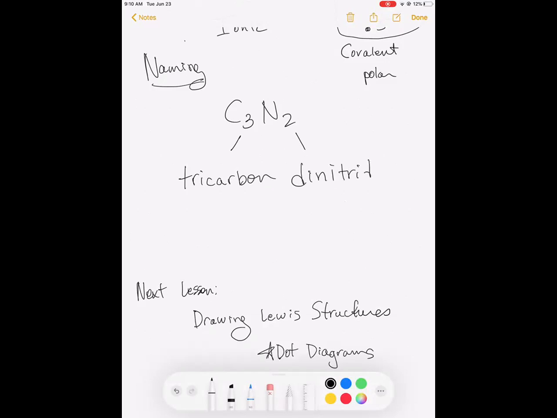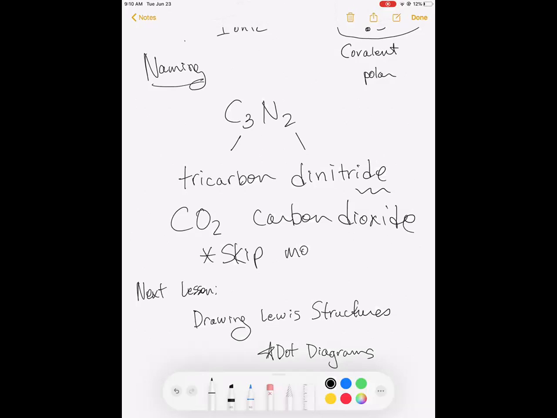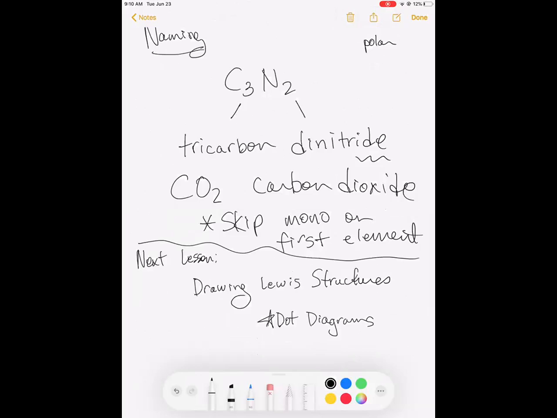Remember, we want to change the second element to that IDE ending. If the first element has just one, like carbon dioxide, we can skip the prefix on the first element if it's mono. Only if it's mono. Why? Because it's easier to say, and that is convention. That's just how they started naming them. So that's the way we're going to name them. I don't know who decided that.